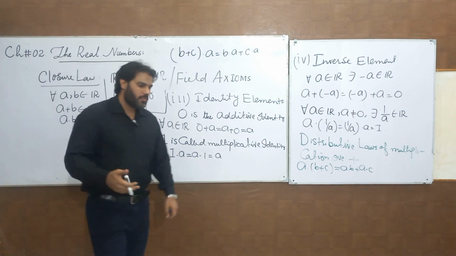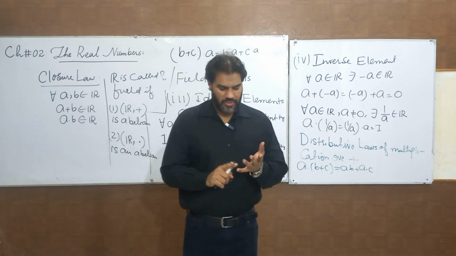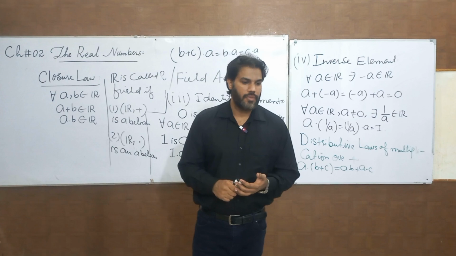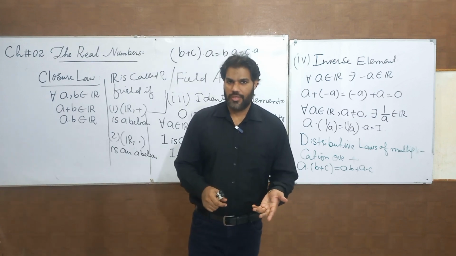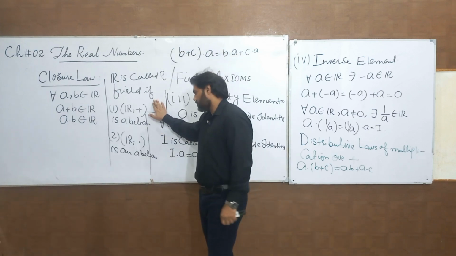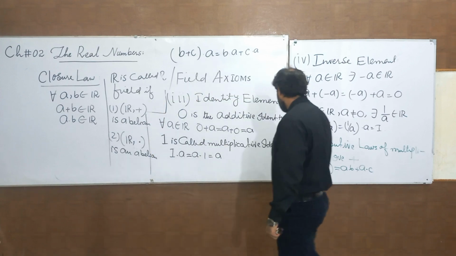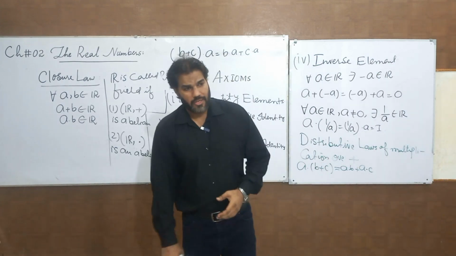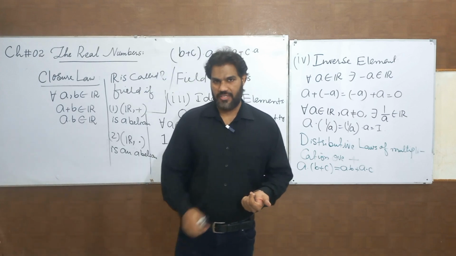To form an abelian group, we need 5 properties. The first one is the closure property. The second one is the associative property. The third one is the additive identity. The fourth one is the additive inverse, and the last one is the commutative property. So these are the 5 axioms for an abelian group under addition. Similarly, the 5 axioms are for an abelian group under multiplication, and the 11th one is the distributive law. So in that sense, you can say that to form a field, R needs 11 axioms.